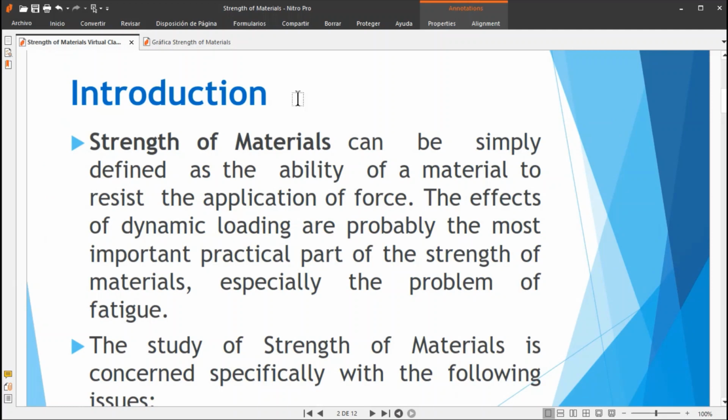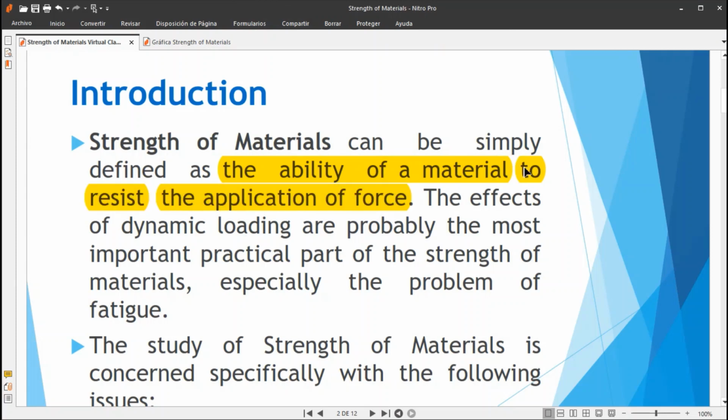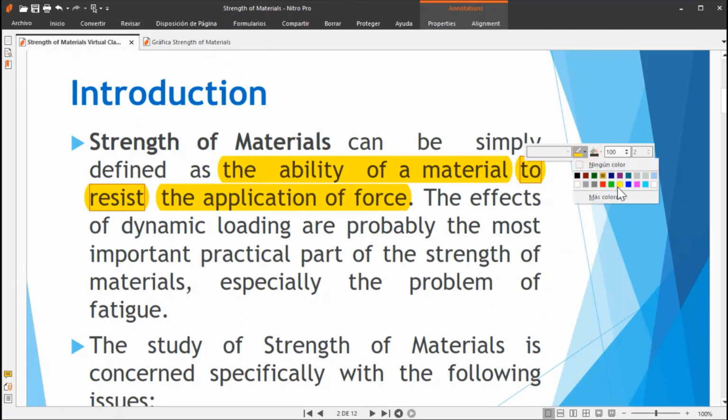So we have the strength of materials can be simply defined as the ability of a material to resist the application of force. Look, the ability of a material to resist the application of force. This is what I was telling you. The focus is mainly on that, right?